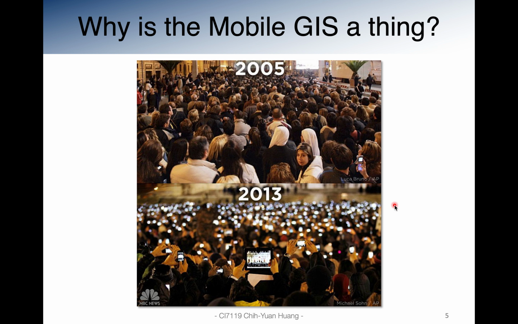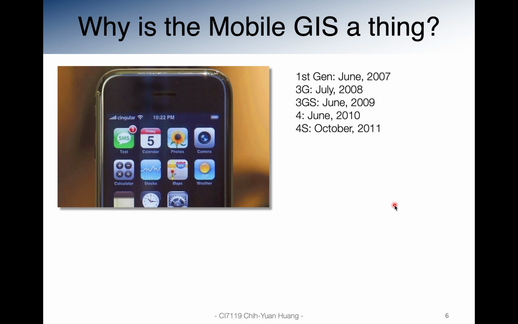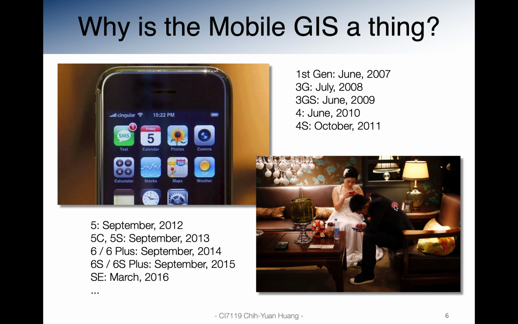So this actually indicates the most important technology advance that drives the development of the mobile GIS, which is the smartphones, or you can say the mobile phones.